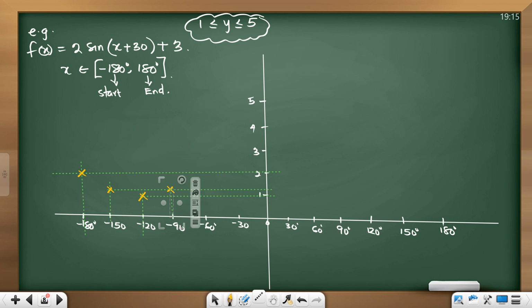Negative 60 goes back there as 2. Negative 30 is 3. 0. 30, 4.73, which is close to that, right? 60.